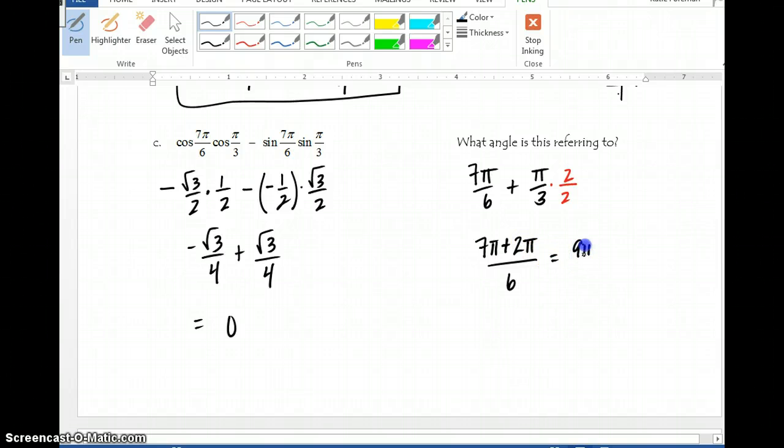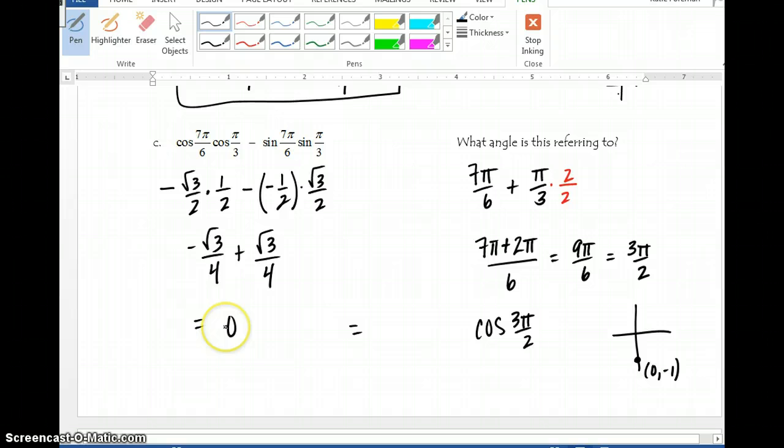So I get 9 pi over 6. Simplifying this, I get 3 pi over 2. 3 pi over 2 is a known angle. It's down here on the unit circle where the x-coordinate is 0. So it verifies the answer we got from the expansion.